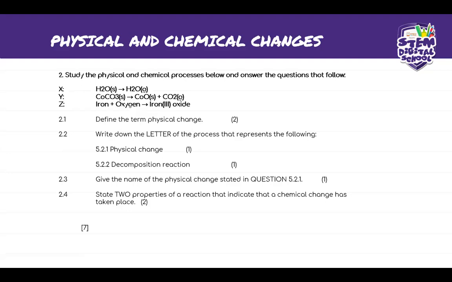It says, study the physical and chemical processes below and answer the questions that follow. So we've got the first one, H2O solid gives you H2O gas. I think something is wrong there.